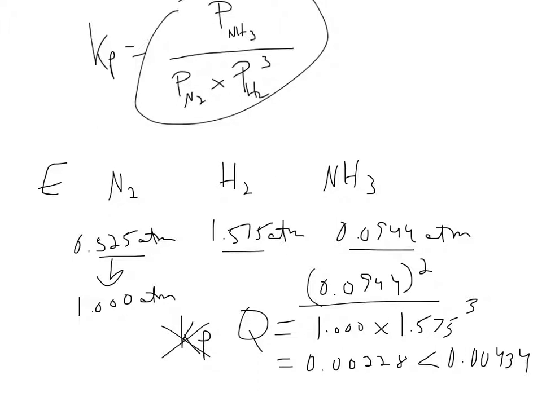So right now my system is not at equilibrium. If I added nitrogen, I'm no longer at equilibrium, and now my current ratios have me at less than what the constant is.